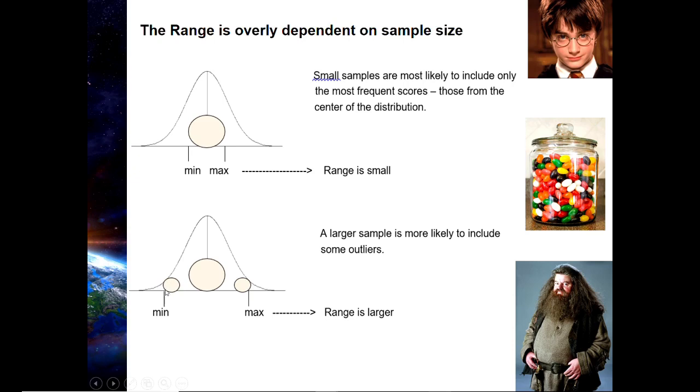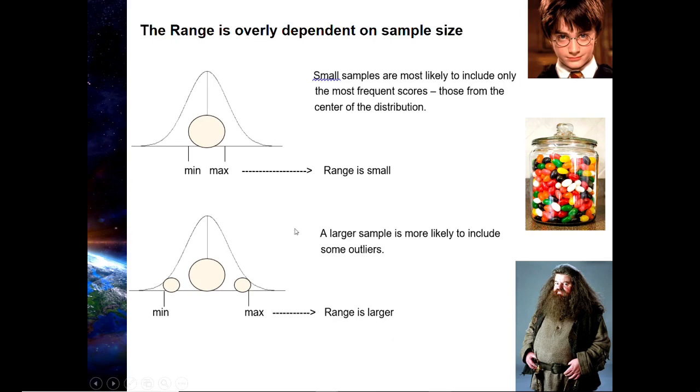So he may pick up an outlier in this tail, an outlier in that tail. Maybe he's only going to get outliers in one tail. But regardless, as soon as you have outliers, what does that do to the range? When you do max minus min, all of a sudden you're going to get a much larger range.